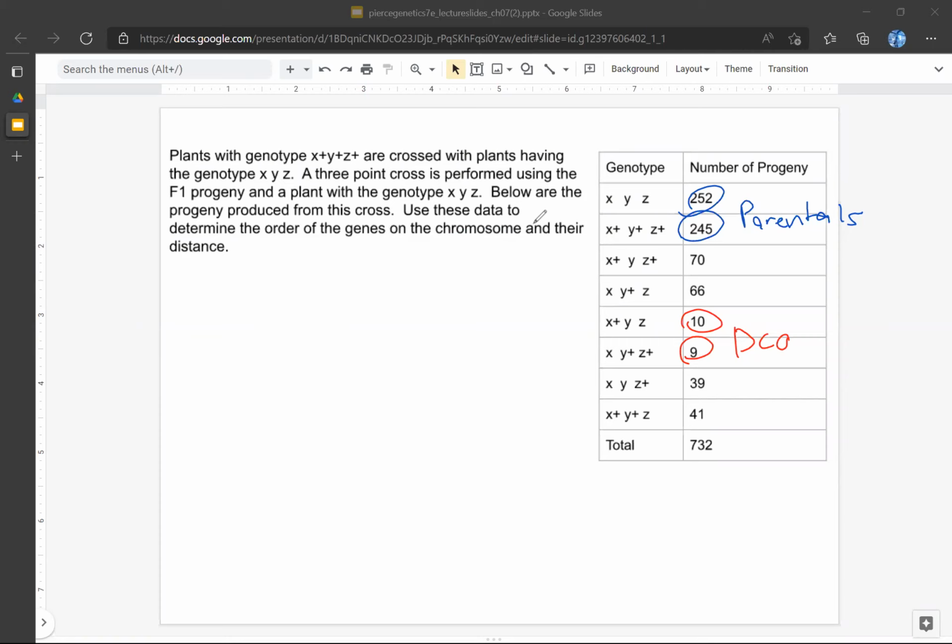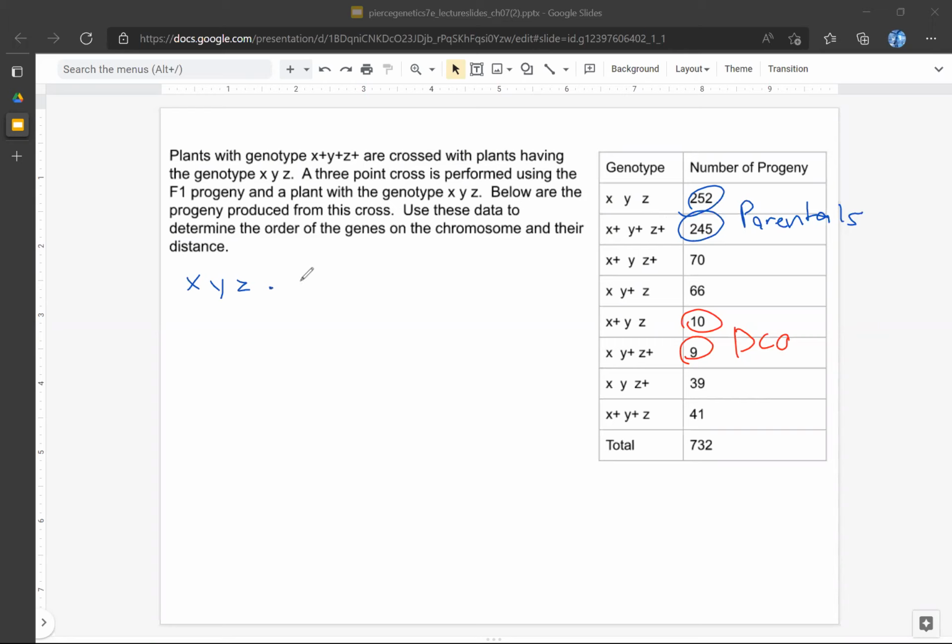First step is to find the middle gene. And I'm just going to do pluses, not X plus, Y plus, Z plus. Just going to write them as pluses because it's faster and it helps me visualize it better. If it doesn't help you visualize it better, then feel free to write X plus, Y plus, Z plus. So we have our parentals, which are going to give us XYZ crossed with plus, plus, plus.